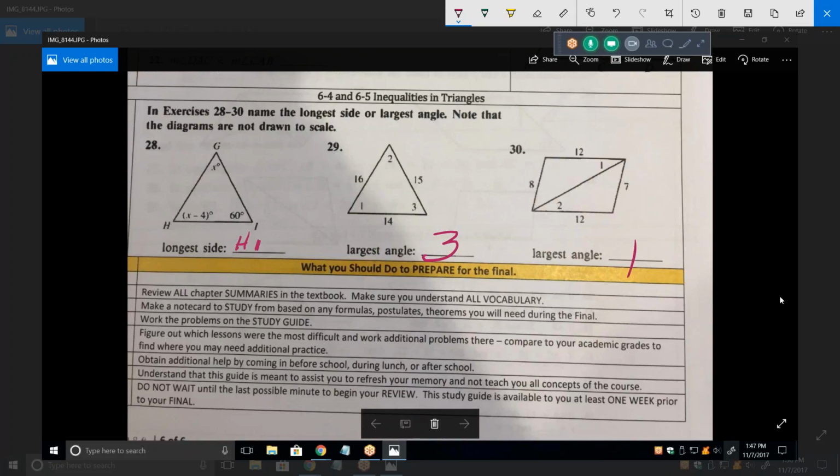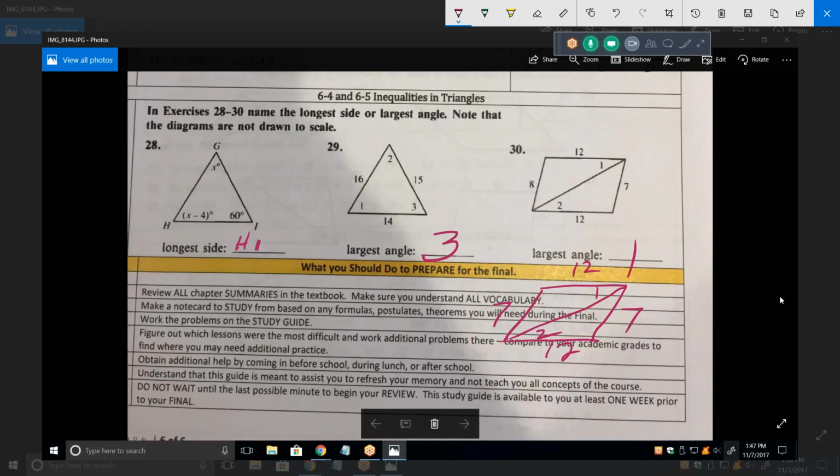Yes, and here's the reason why. If we draw this as a parallelogram, which is the way they drew it, that would be 7, that would be 7, that would be 12, that would be 12, and angle 1 would be equal to angle 2, right? Well, this is almost a parallelogram.